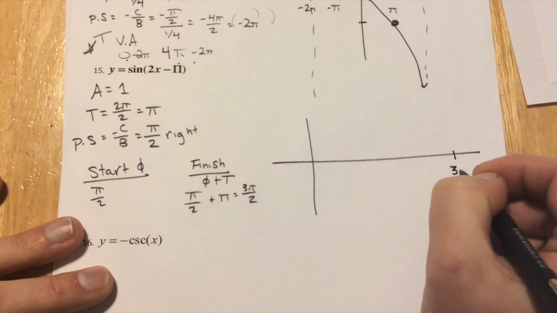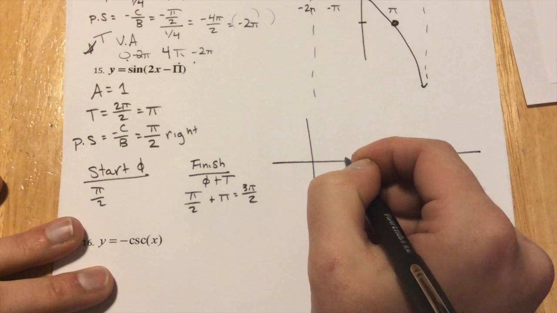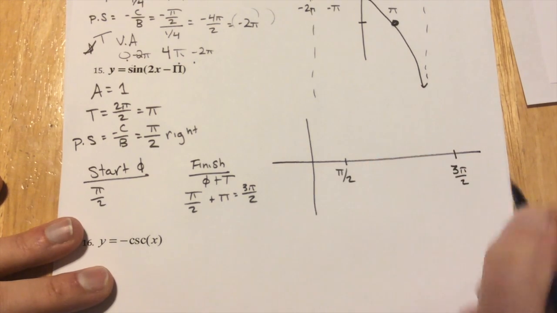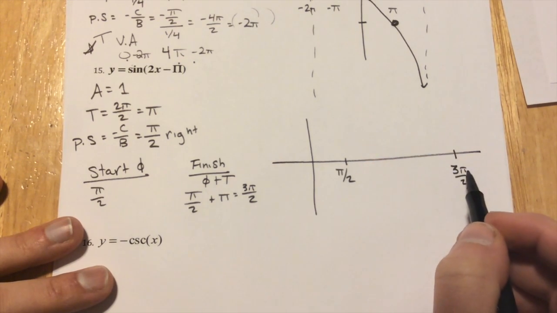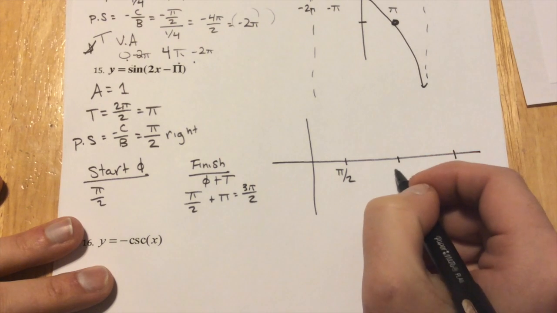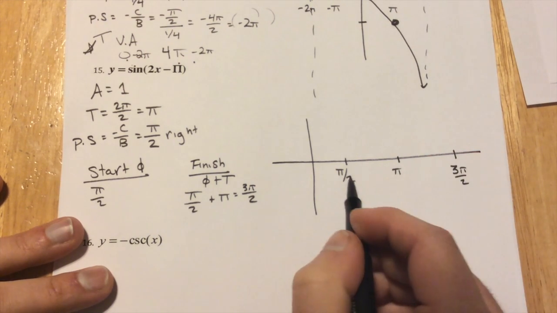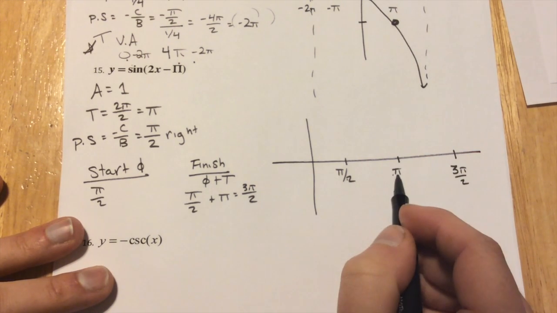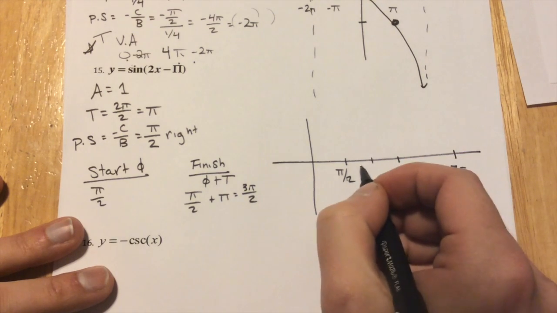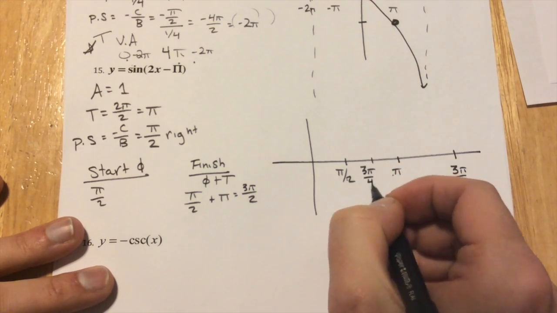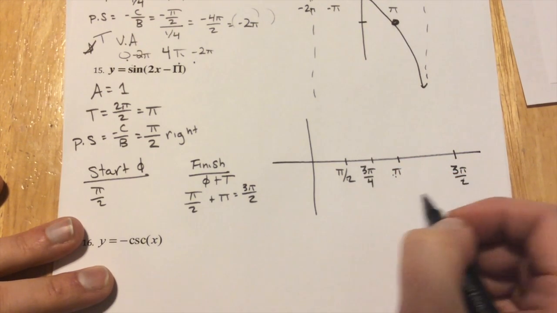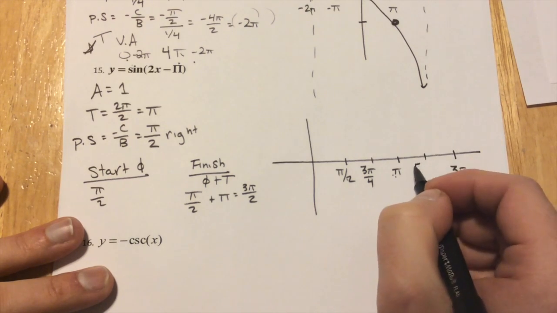My endpoint is 3 pi over 2. My starting point is pi over 2. Halfway in between these two is pi, which is nice. Halfway in between pi over 2 and pi is 3 pi over 4. Halfway between pi and 3 pi over 2 is 5 pi over 4.